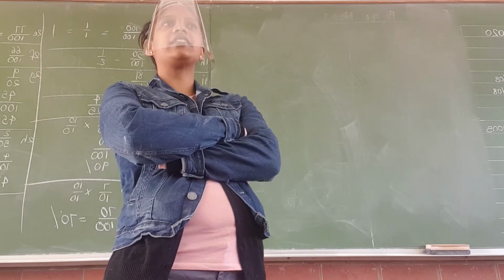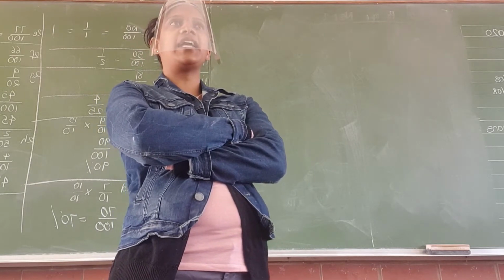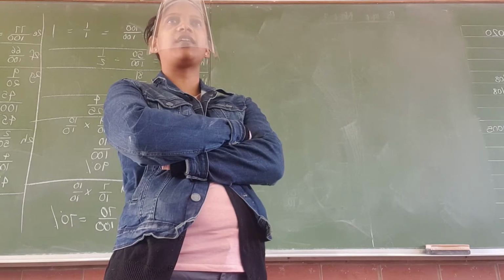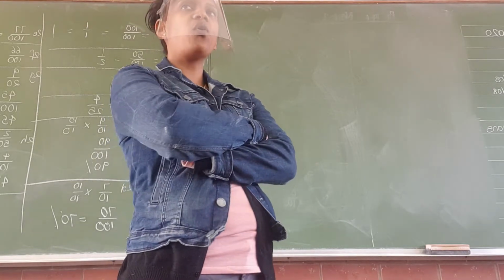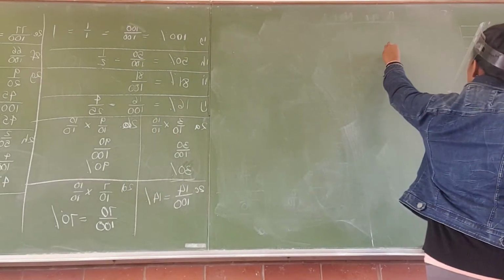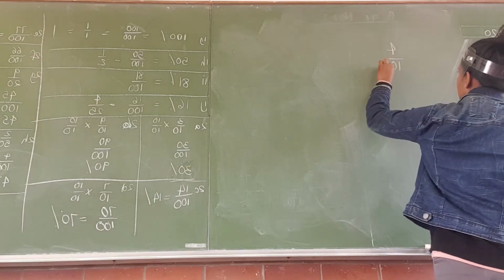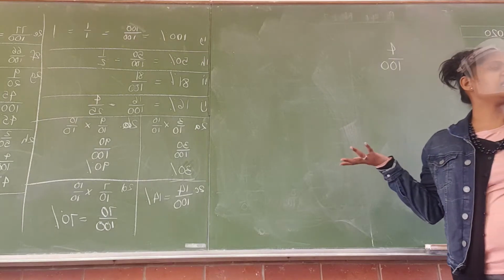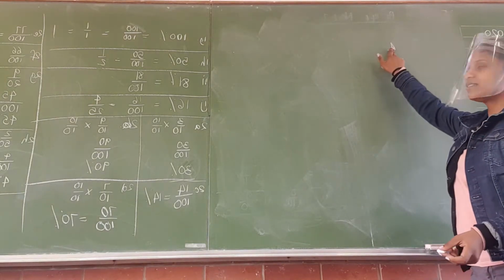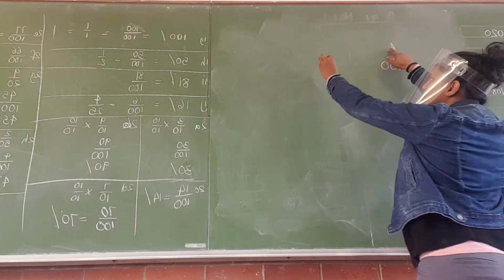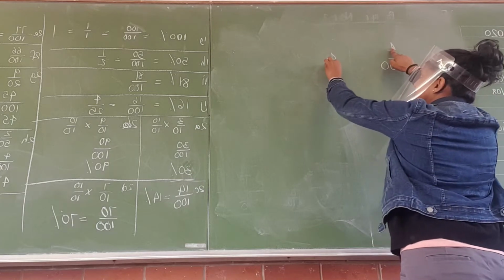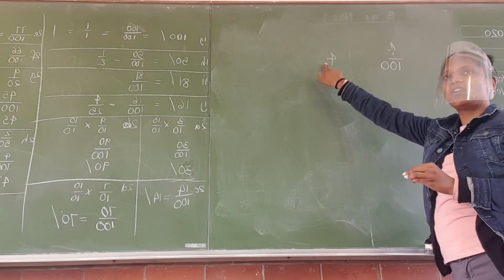If, for example, I have a common fraction like 4 over 100, all this means is that I take this 4 and I start here with my comma.